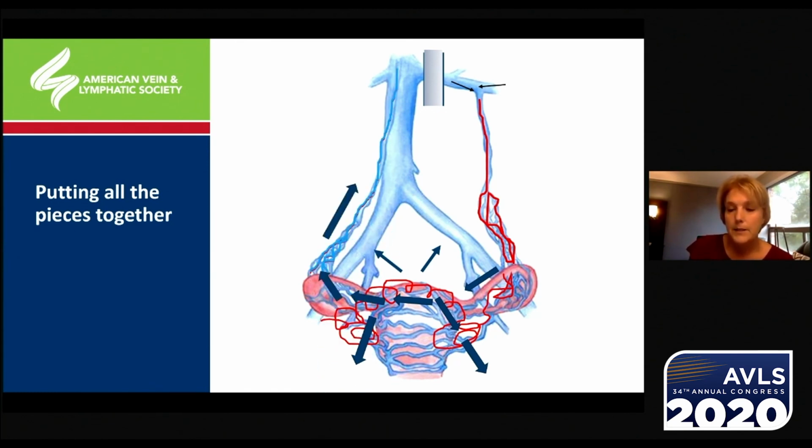Well, the blood comes down, crosses over the pelvis, and makes its way back up the functioning right ovarian vein. And that's where we're going to want to look for an increased diameter of that right ovarian vein, but with spontaneous and continuous antegrade flow. So normal direction flow, it's just forced along by that pressure from the left ovarian vein.